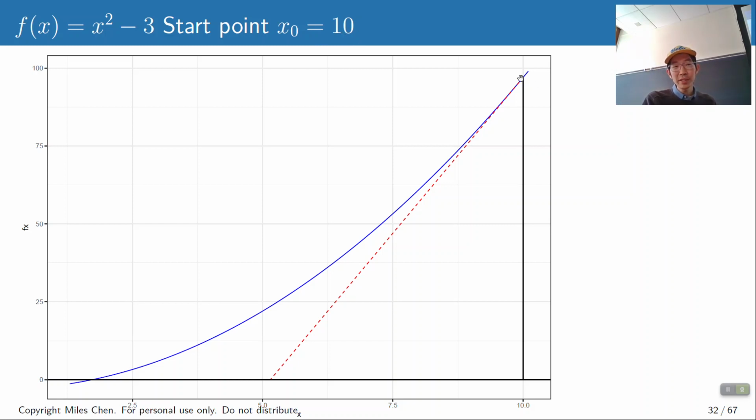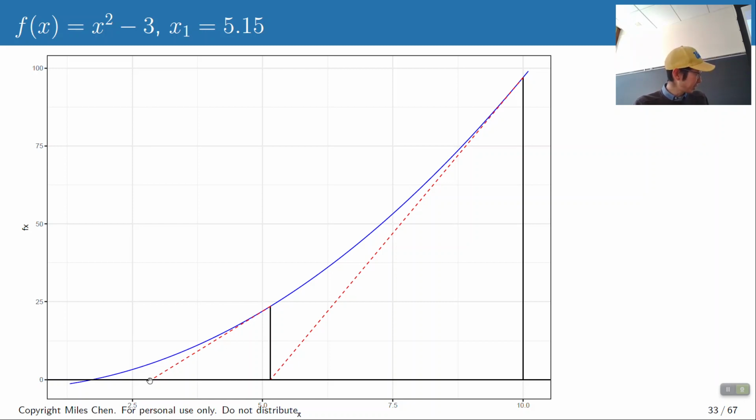Here x0 is 10. I plug this in, and we get 97 here. We ask, what's the tangent line at this location? We follow the tangent line until it crosses the x-axis. It crosses the x-axis at 5.15. I plug that in, I get 20-something, and there's a new tangent line here.